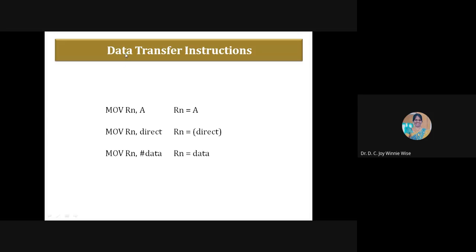Got it? MOV Rn: the destination is a register, and the source can be the accumulator, direct, which is the special function registers, or data. @R0 must not come in this type of instruction.